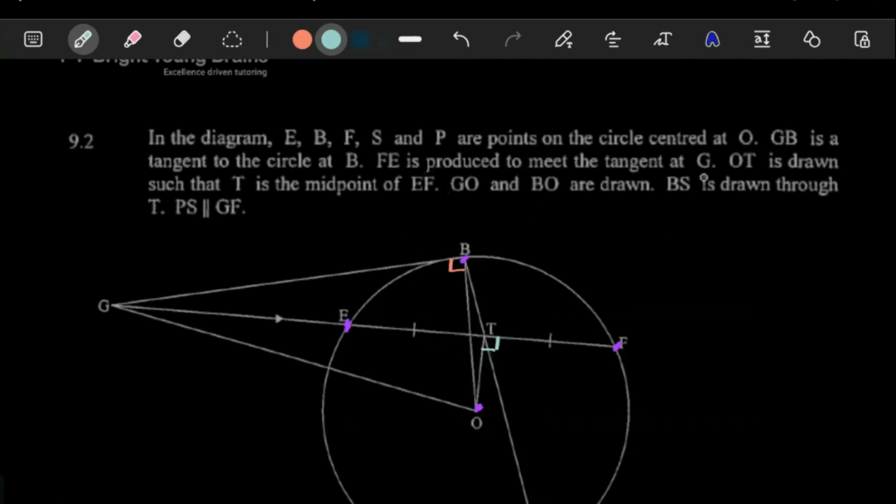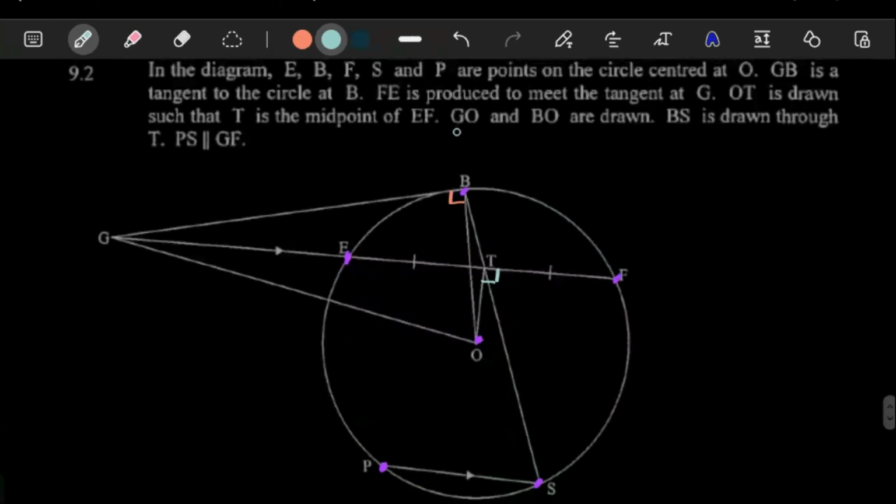And then it says here, let's see, FE is produced to meet the tangent at G. So there's a right angle triangle here, then there's another right angle triangle over there. And then it says here, OT is drawn such that T is the midpoint of EF.